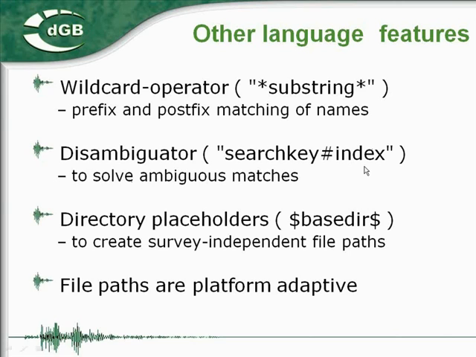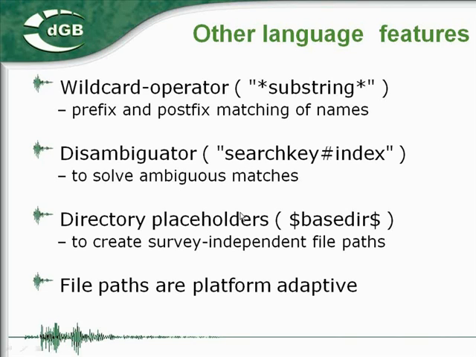And that index normally counts positive and then takes the first or the second or the third match, but if you use negative numbers, then it counts from backwards. So by, for instance, saying hash -1 would mean take the last match.